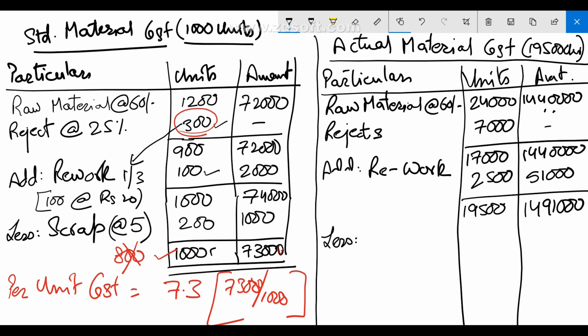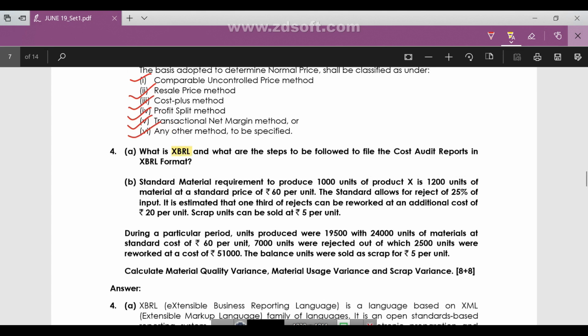Now I am going to reduce some actual rejects which have been turned into scrap. So guys, the question says that the scrap units are sold, and 2,500 units are reworked at the cost of 51,000.